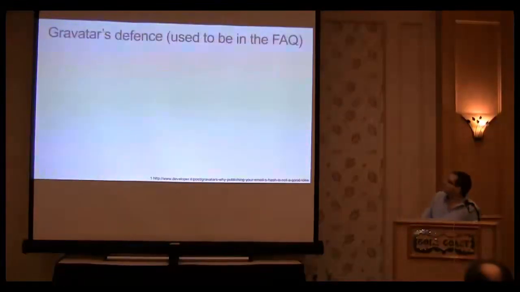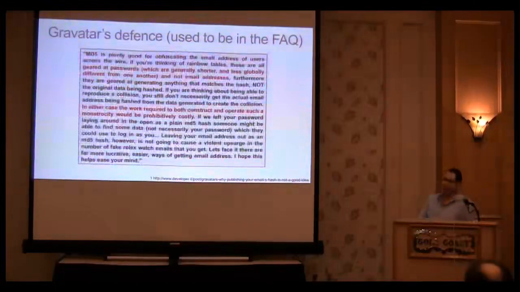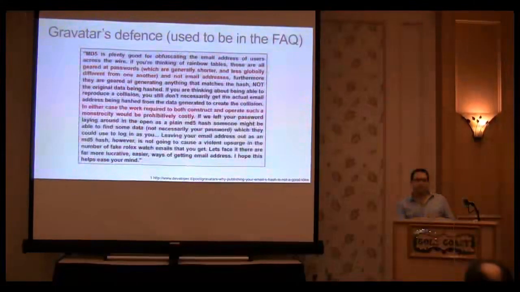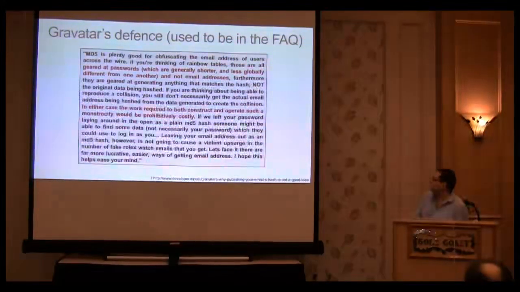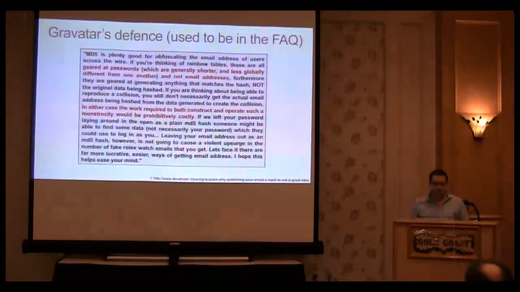That's exactly what Gravatar said. They had that in their FAQ, but I think they removed it. But you can still find it in the thread on Stack Overflow. They say that with rainbow tables and this password cracking stuff, it's clear that passwords are generally shorter and less globally different from one another than email addresses.